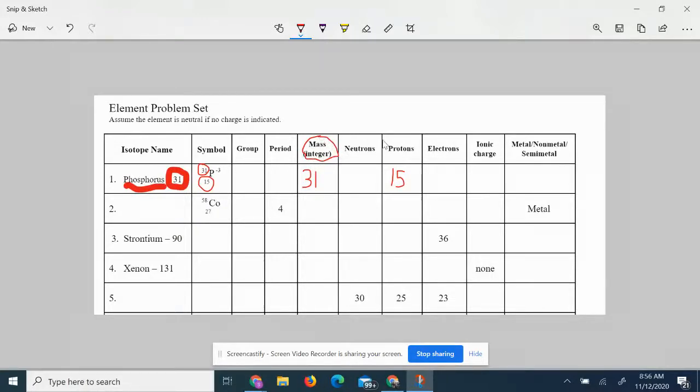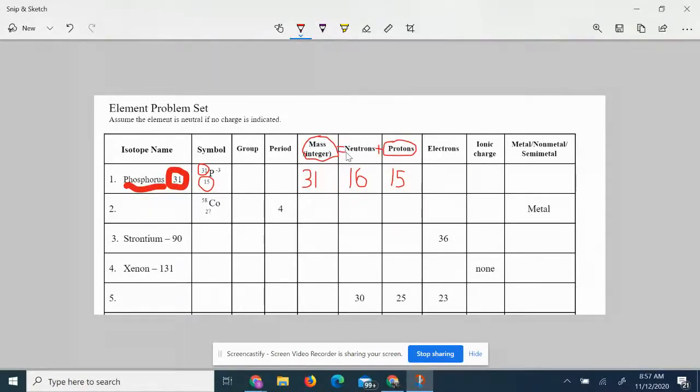So mass number minus protons is going to give me the number of neutrons. So 31 minus 15 is 16. Another way for you to look at it is neutrons plus protons is equal to your mass number.